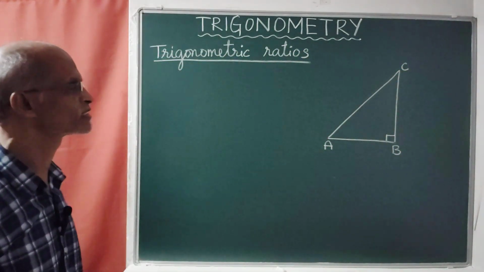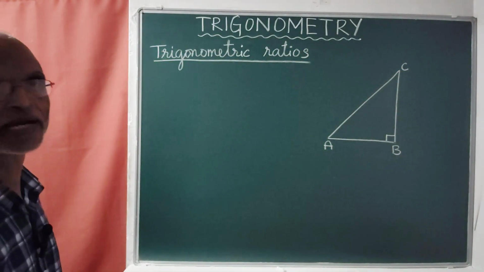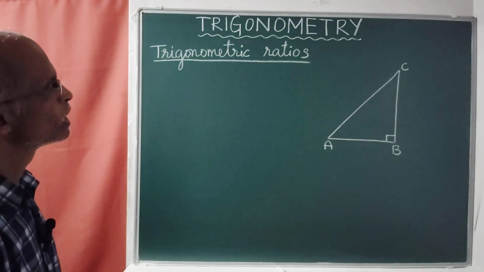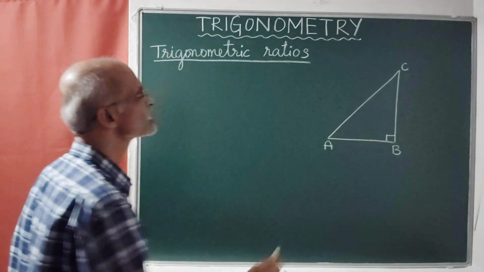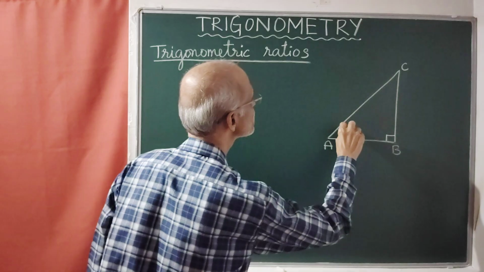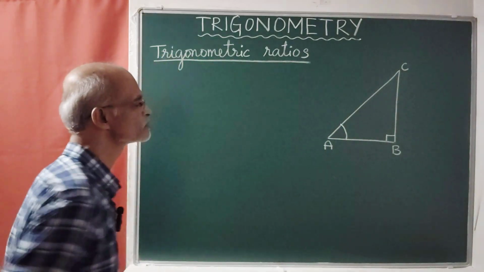Now ABC is a right angle triangle, right angled at B. Now I will consider angle A.